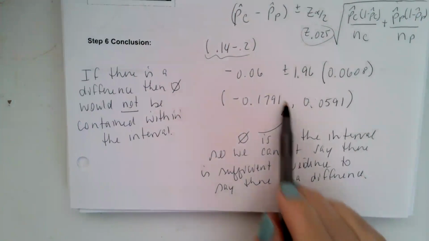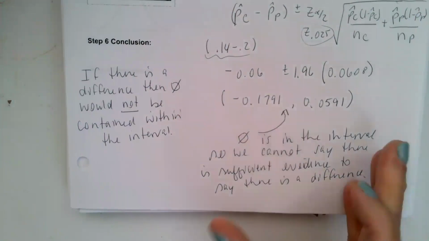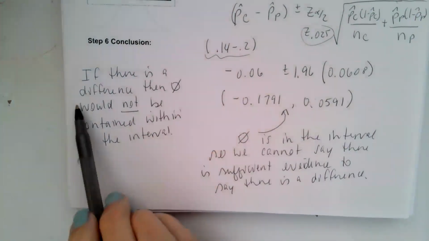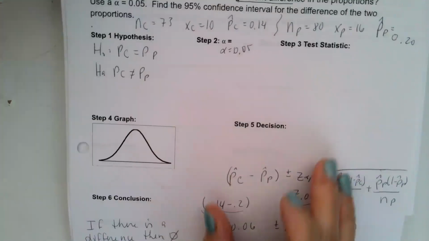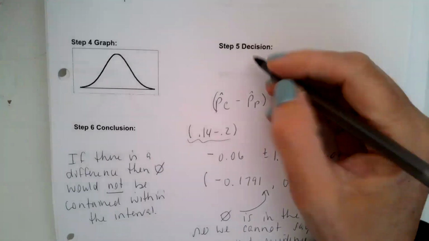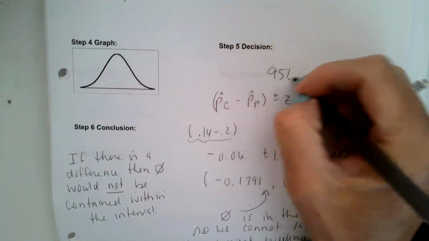Okay, because 0 is within there, then we're saying that there is really no difference between them. If 0 was not in there, we could say there was a significant enough difference to say there is. So that's how we can use a confidence interval. This is a 95% confidence interval.